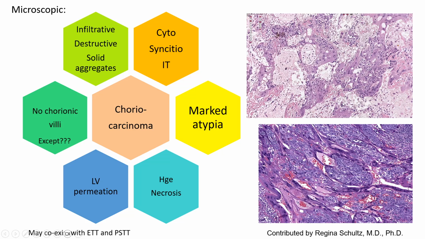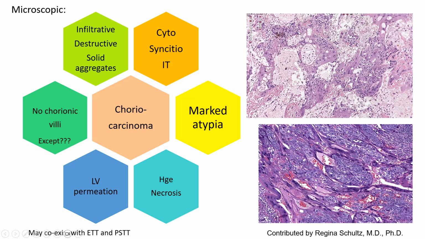So what about the microscopic picture? We have infiltrative, destructive solid aggregates of syncytio-, cyto-, and intermediate trophoblasts. They used to call it a biphasic or triphasic population. We have marked atypia, hemorrhage and necrosis. You can see all these blood lakes. They may explain why choriocarcinoma has a very high tendency to metastasize.